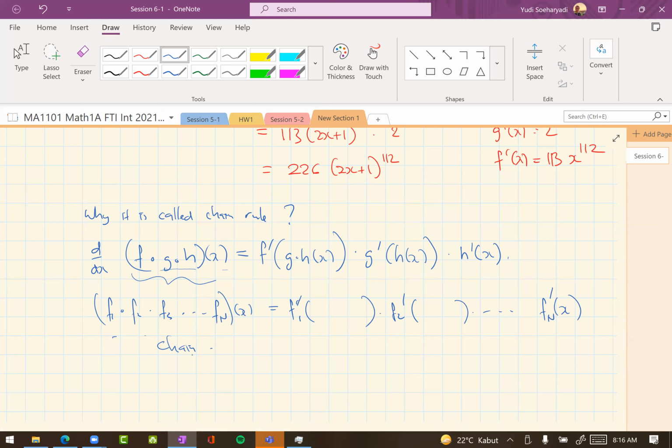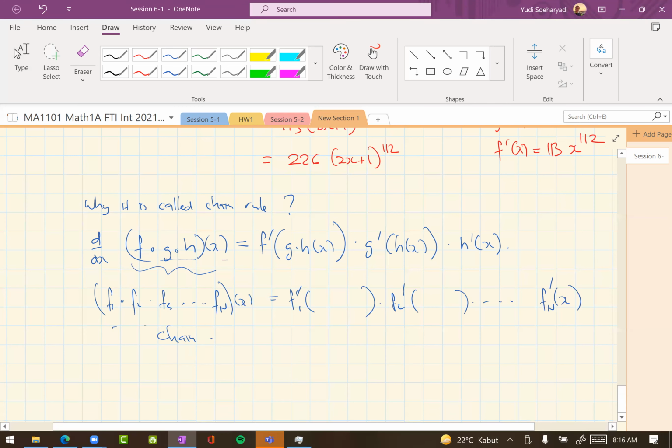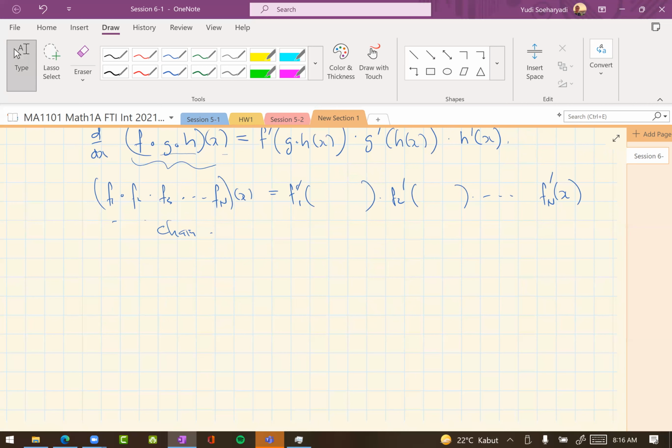But before we proceed, let's do some derivative of trig first, trigonometric functions. And we would have many more examples after this. Of trig functions.